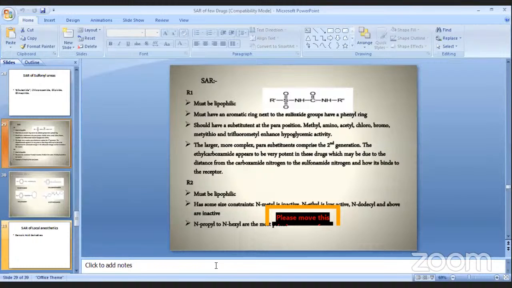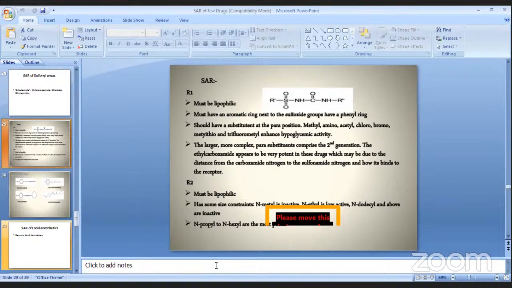So in sulfonylureas, by changing R1 and R2 you can get different types of compounds. By changing R1 you can increase the lipophilicity, and R2 can be replaced with higher groups, propyl or N-hexyl groups, which will be more potent.